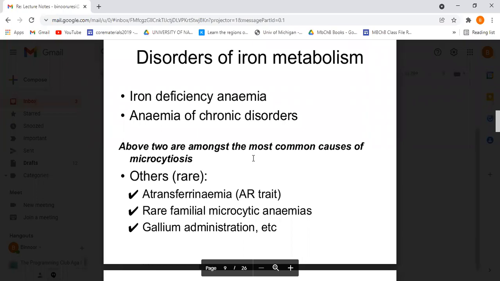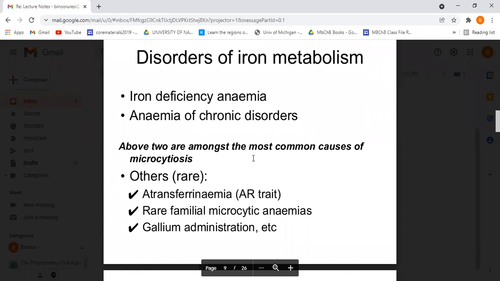The other one is a rare familial microcytic anemia, where it's a normal condition. You just find people with microcytic anemia, but it's not pathologic as such. If you have patients who have been administered gallium, gallium is a chemical used for treatment of some conditions. Gallium has been shown to bind to iron.